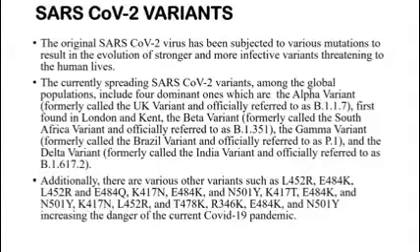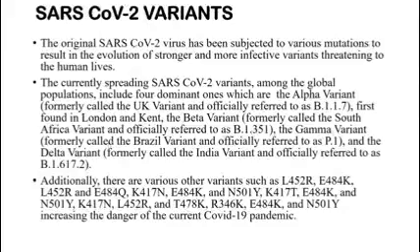For simplicity, the alpha variant is formerly called the UK variant, officially referred to as B.1.1.7, first found in London and Kent in the UK. The beta variant, formerly called the South African variant, is officially referred to as B.1.351.